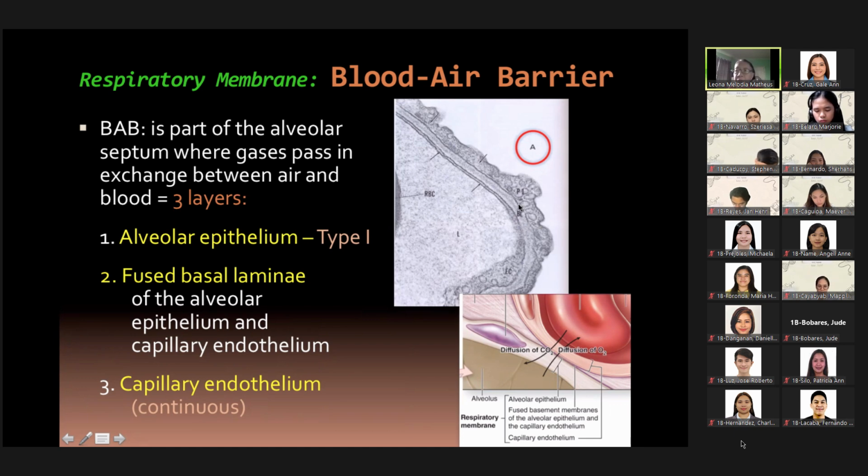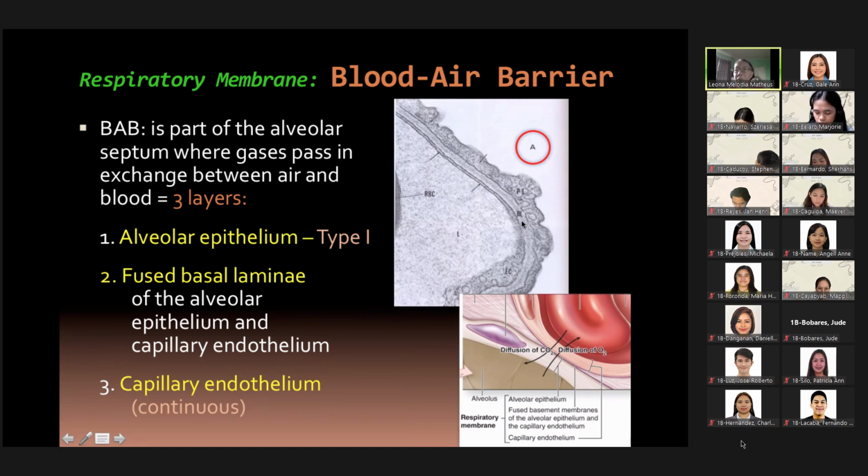You have initially your alveolar epithelium, which is usually made up of type 1 cells. On the other side, the capillary side, your capillary endothelium.